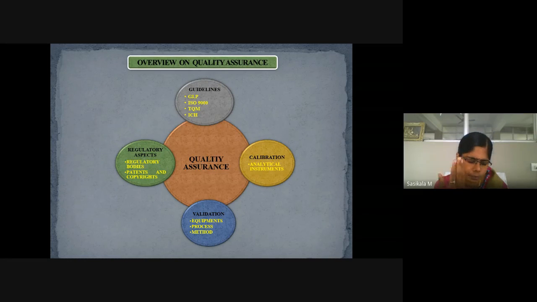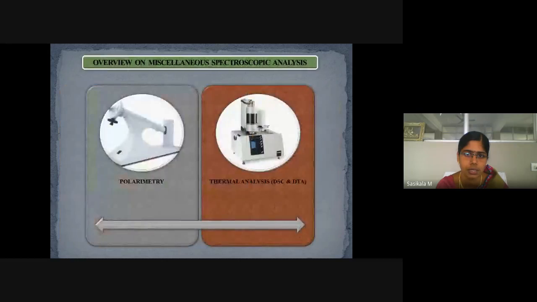Whatever rules and regulations they have given, accordingly we will be registering our innovation based on getting patents, copyrights, trademarks, and so on. You must have come across many products that have copyrights and trademarks for particular products, innovations, and creations. It is applicable for our pharmaceutical products also. These are the various aspects under quality assurance you are going to learn as per syllabus. That is the introduction on your syllabus.